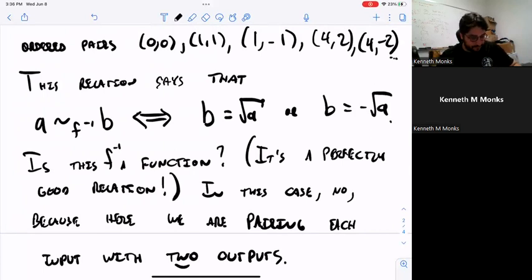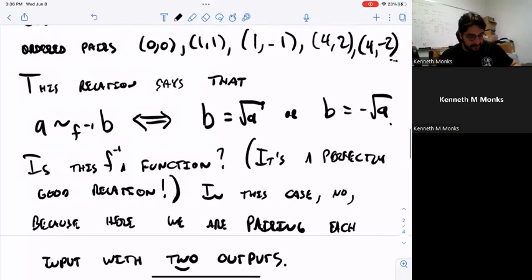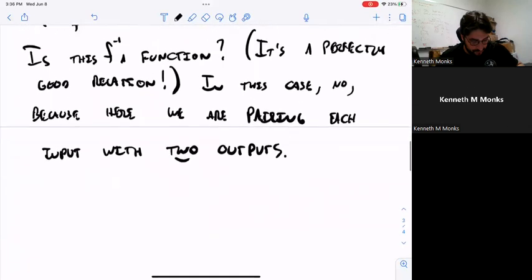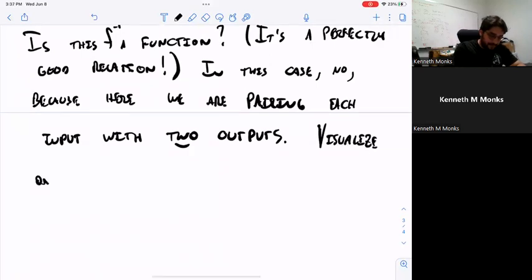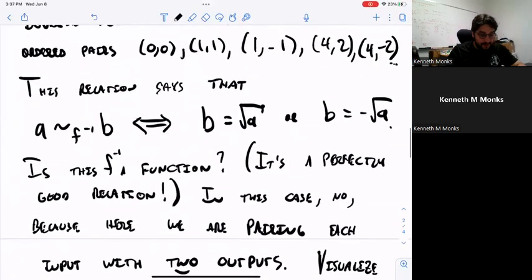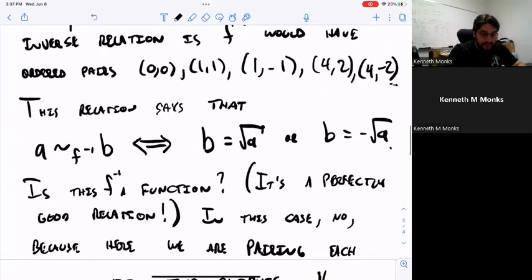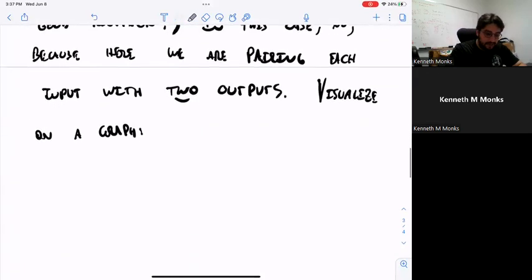So here is what this looks like graphically. Suppose I take all these points, 0, 0, 1, 1, 1, -1, 4, 2, 4, -2. Take all these points and graph them. What does it look like?